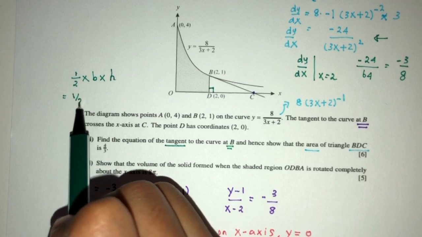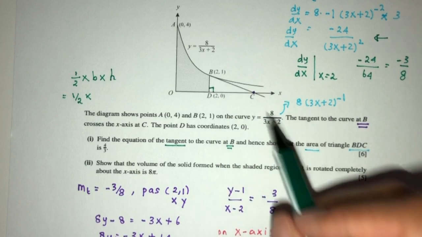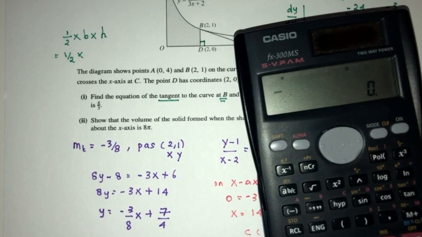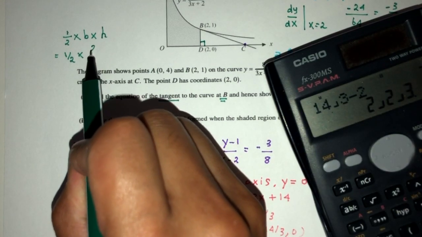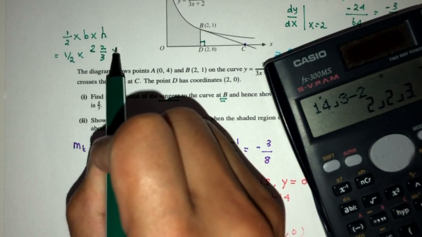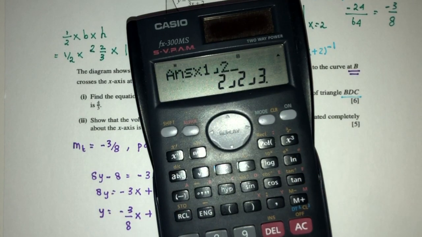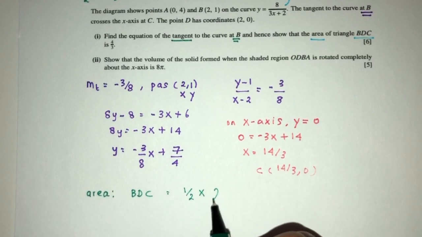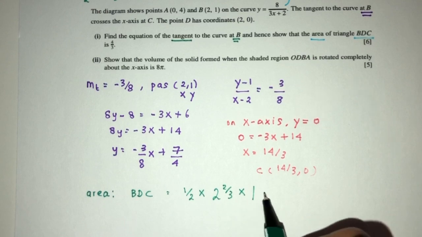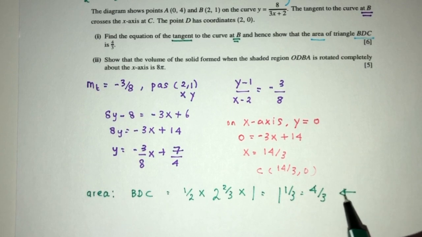So half is half, base is this one, has to be this point minus this point, so this value will be what? 14 over 3 minus 2, that will be 2 over 3, times height is only 1, so times half, that will give me, so half times 2 over 3 times 1, that will be 1 over 3, which is simply 1 times 3 is 3 plus 1 is 4 over 3. This is shown as required.